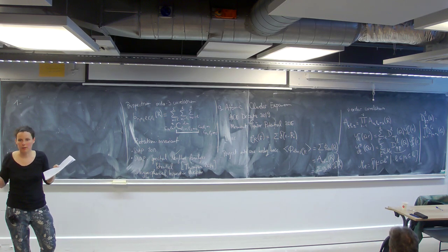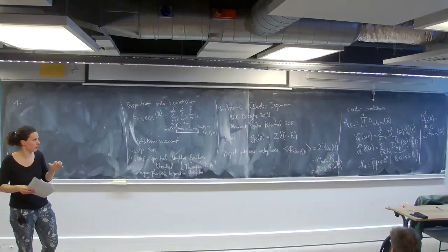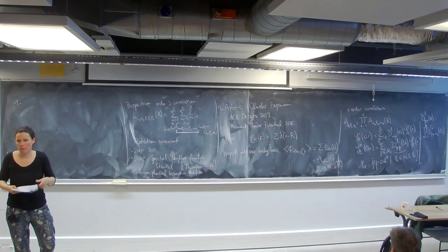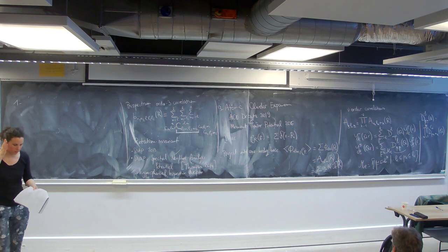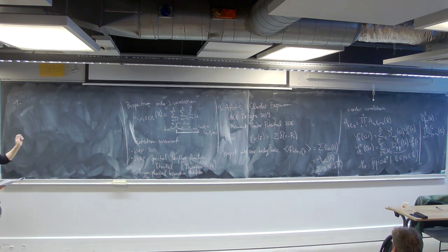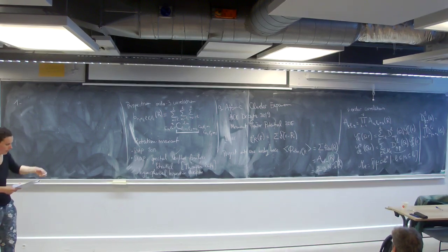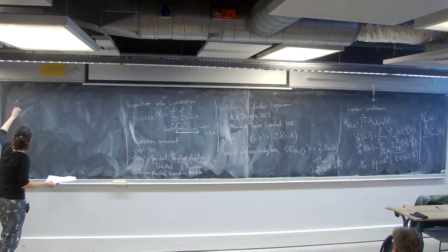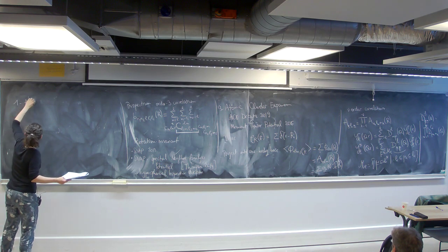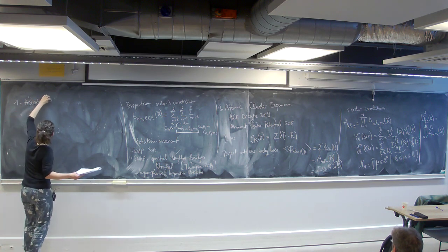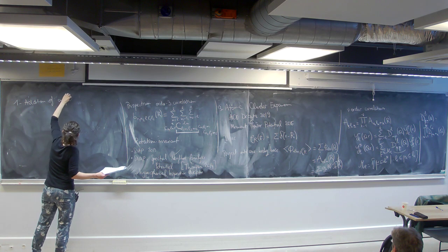When we multiply those matrices, we don't get an irreducible representation, but we have a way to separate this into irreducible representations. This is where the so-called Clebsch-Gordan coefficients arise. So that's the addition of angular momenta.